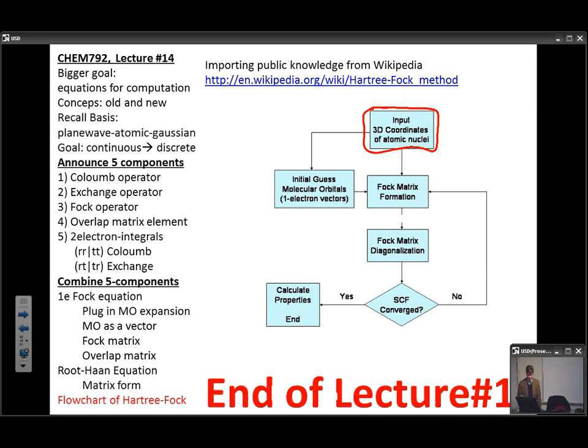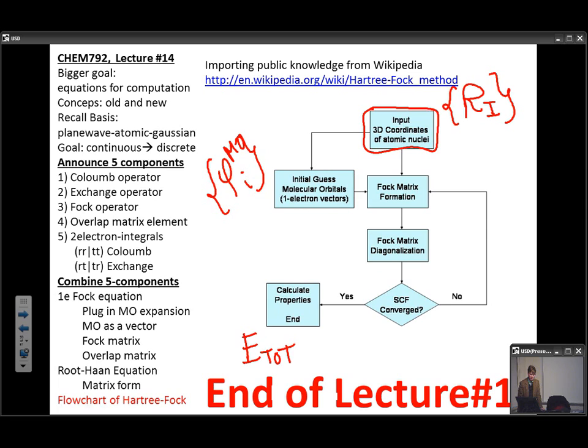One starts with input of positions of nuclei, and at the end, one is getting the total energy of the multi-electron wave function. In between, one starts from guessing some arbitrary set of molecular orbitals, which can be wrong. We do not need them to be exact.